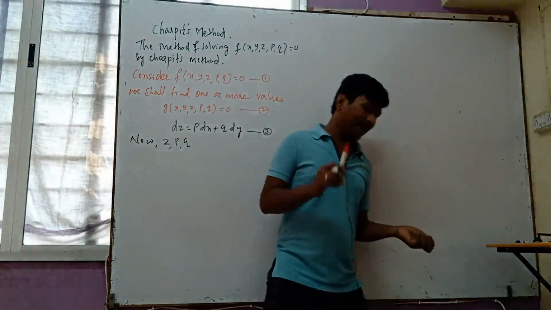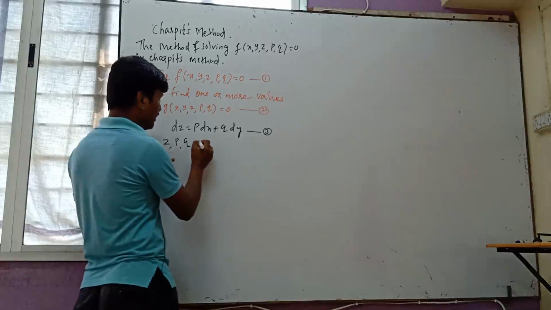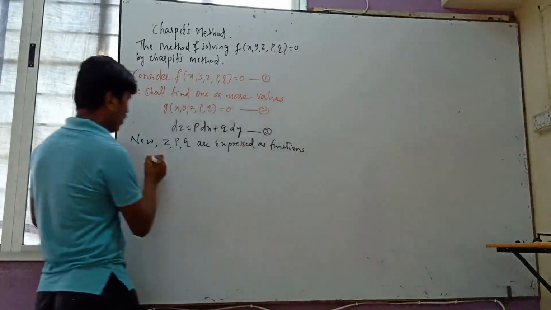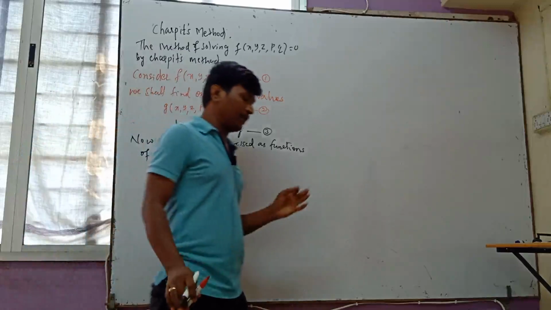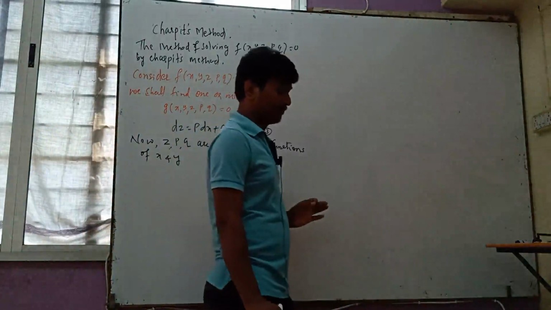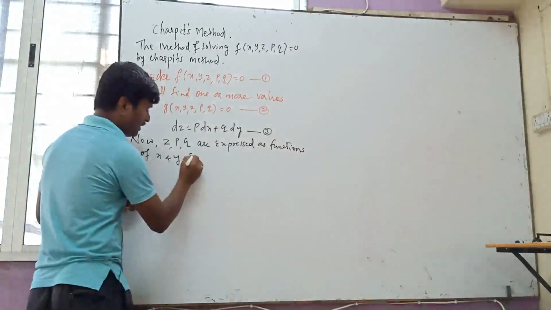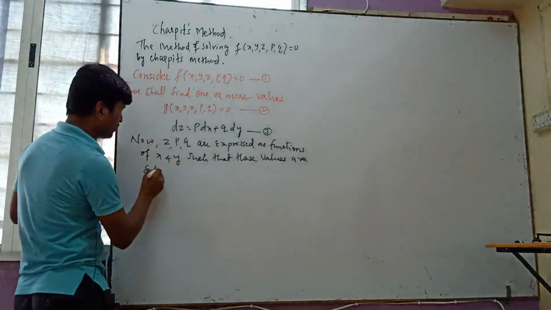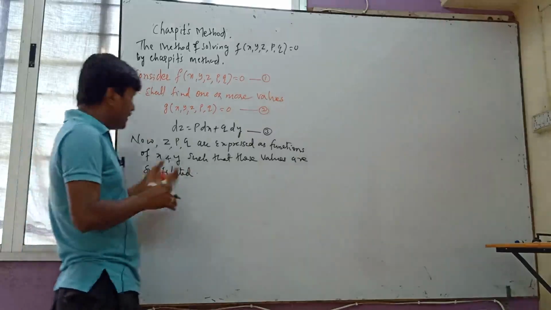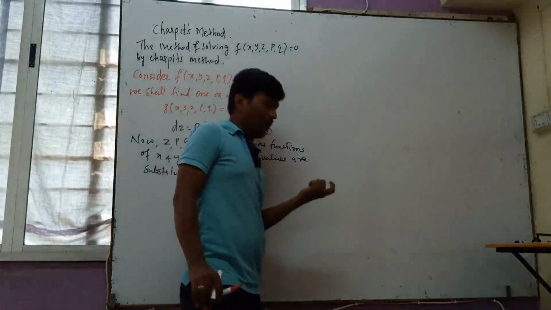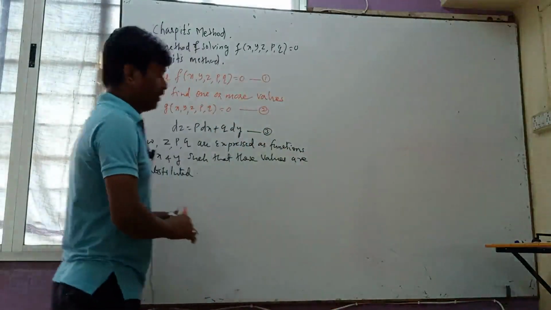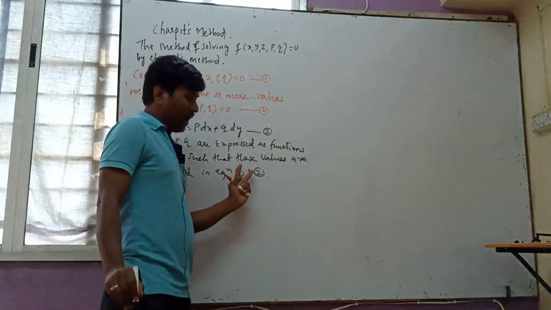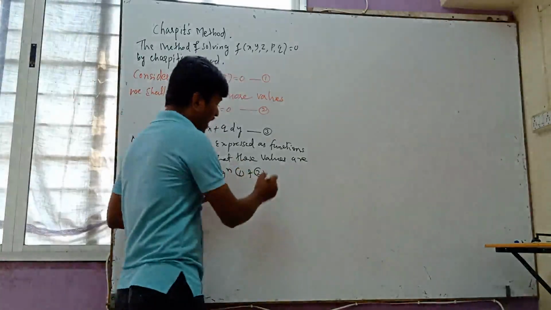Now z, p, q are expressed as functions of x and y, such that these values are substituted in equation numbers 1 and 2, satisfying them identically.